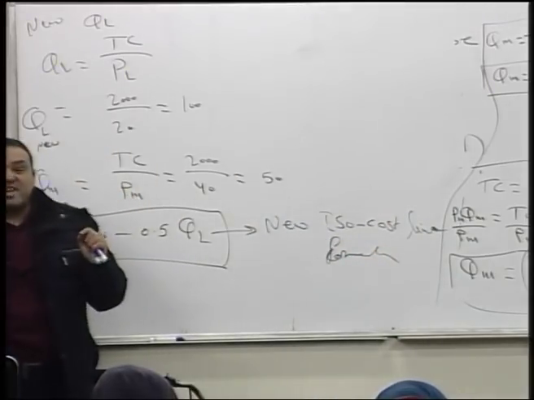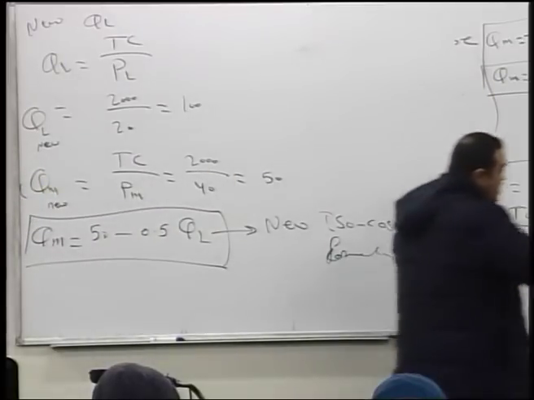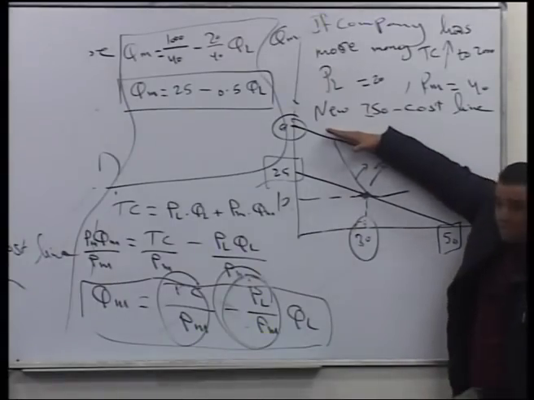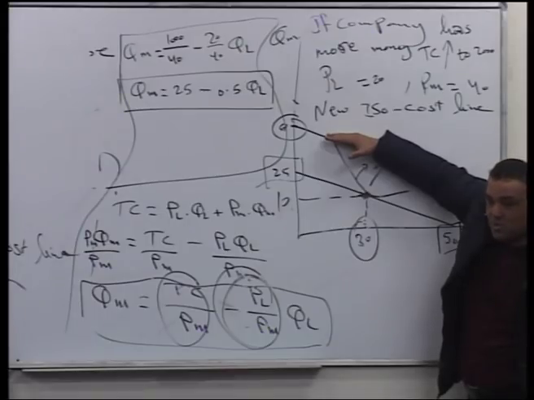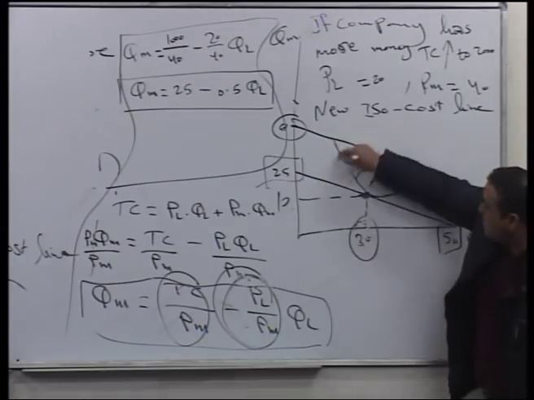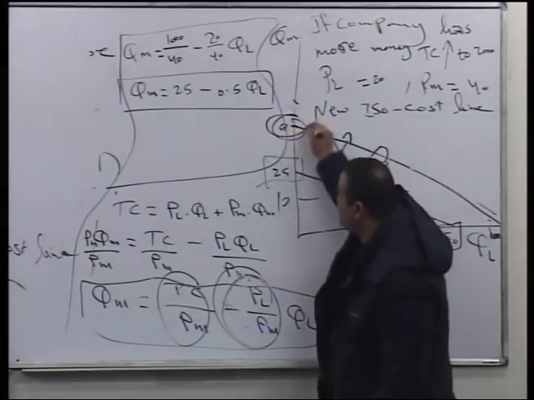So the change in total cost shifts the budget line, or the iso-cost line, parallel to the previous one, with no change in the slope of the iso-cost line. But where did the change occur? Just in the location, the intercept.